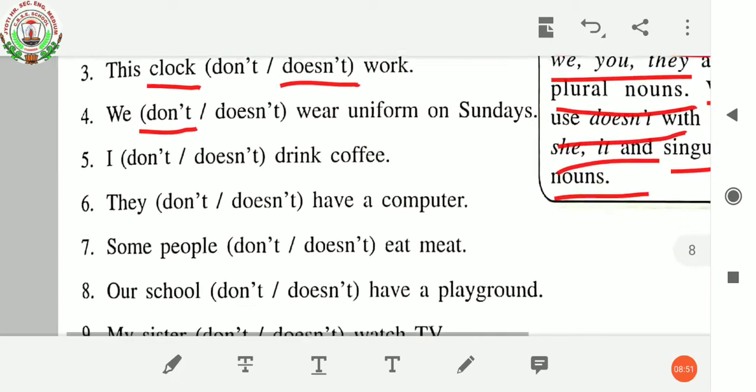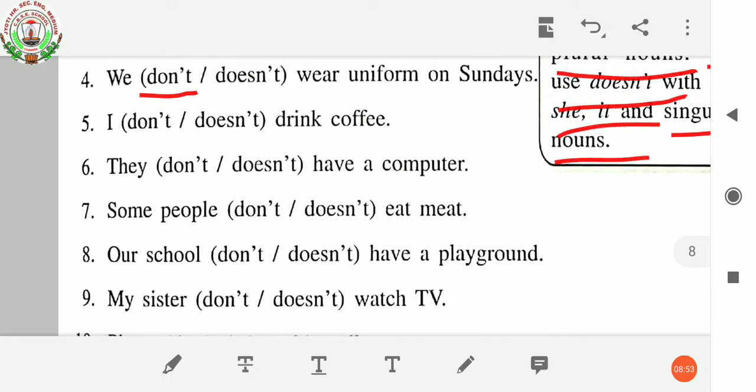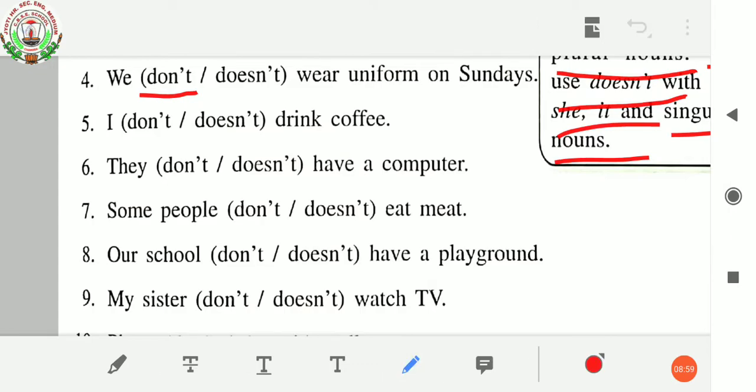Fifth, I don't or doesn't drink coffee. So here with I, we use don't. I don't drink coffee. Sixth, they don't or doesn't have a computer.